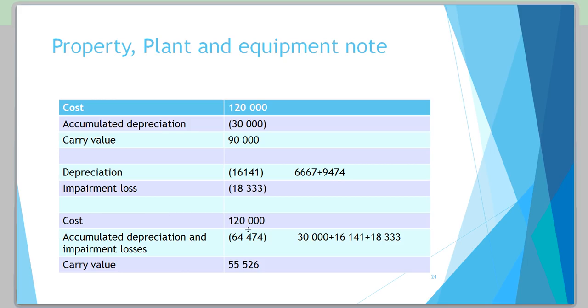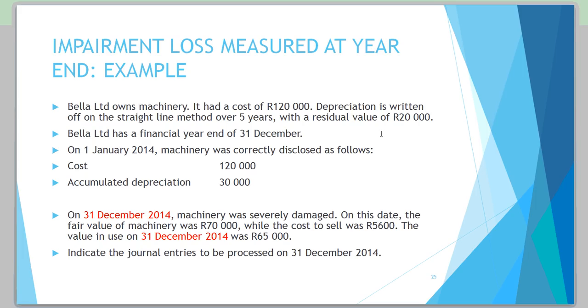So the cost is 120,000, but now my accumulated depreciation and impairment losses is the accumulated depreciation that I started with, plus my new depreciation, plus my impairment losses, which leaves me with a carrying value of 55,526.